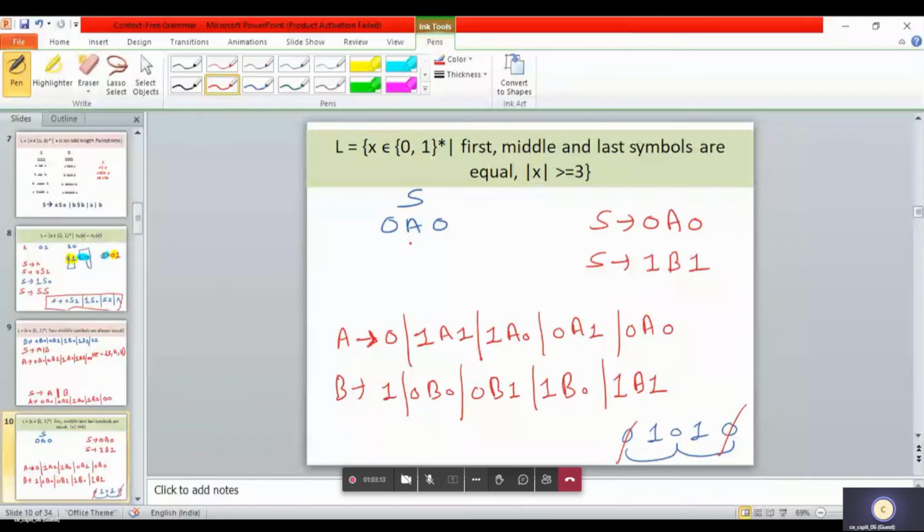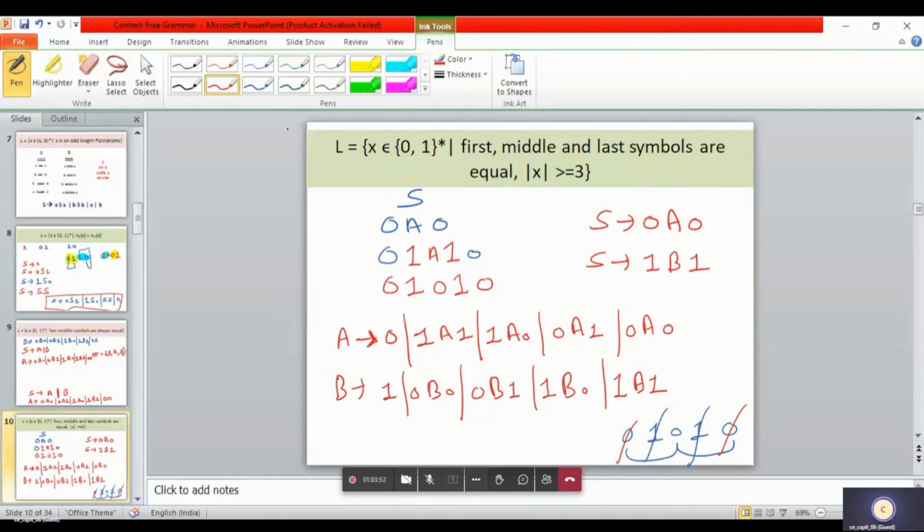So I will replace A with 1A1. And now to get the final middle position, we'll replace A with 0. So we have the final string as 0 1 0 1 0, where first, middle and last symbols are equal.